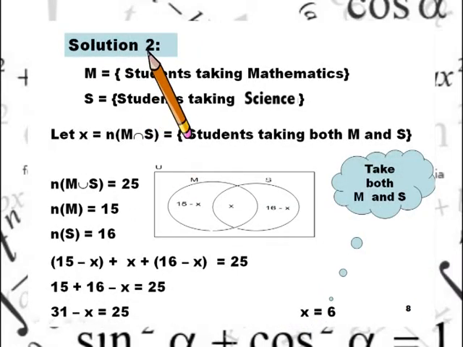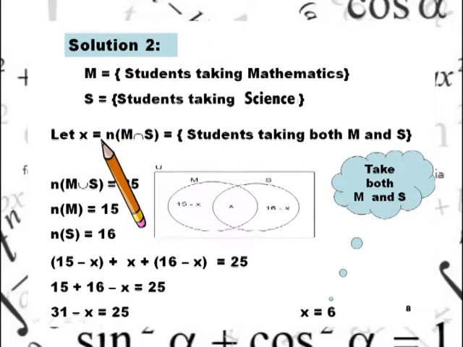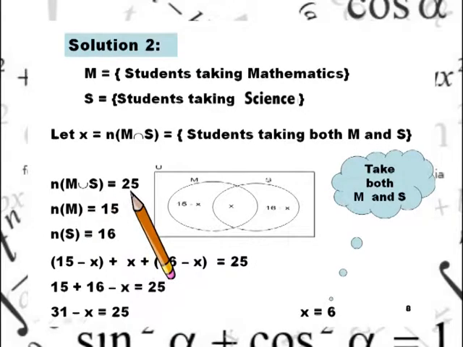Solution 2. The set M is equal to the set of students taking mathematics. The set S is equal to the set of students taking science. X equals the number of students in the set M intersect S, the set of students taking both mathematics and science. The number of elements in the set M union S is equal to 25.